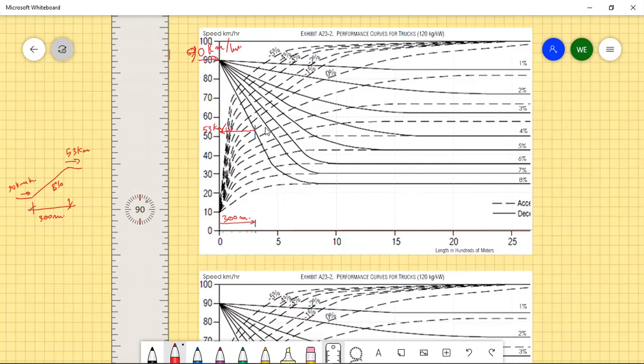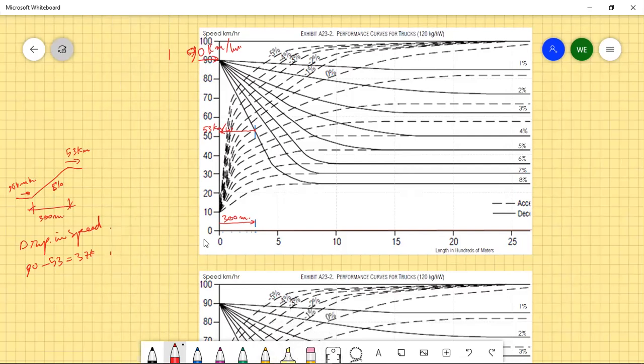So how much was the speed drop? The drop in speed is 90 minus 53, so that's 37 kilometers per hour, which is greater than 15 kilometers per hour.